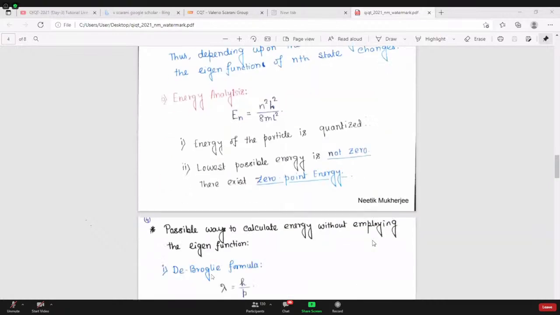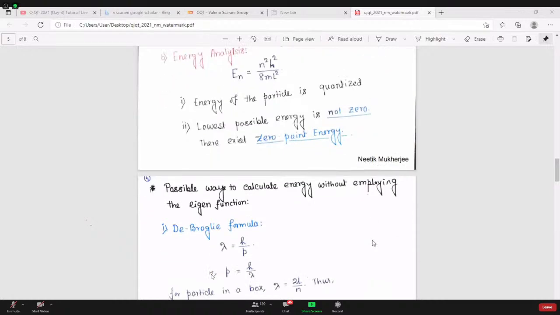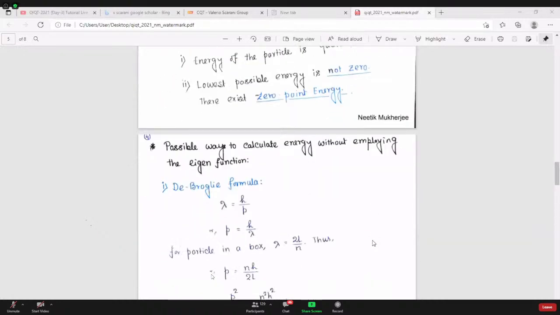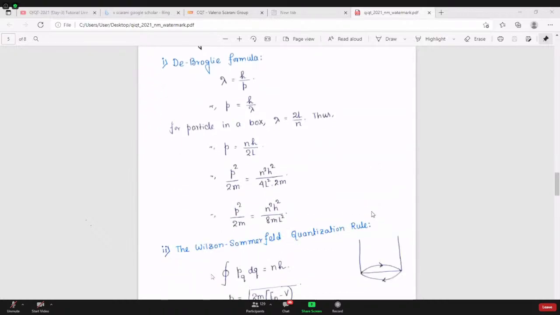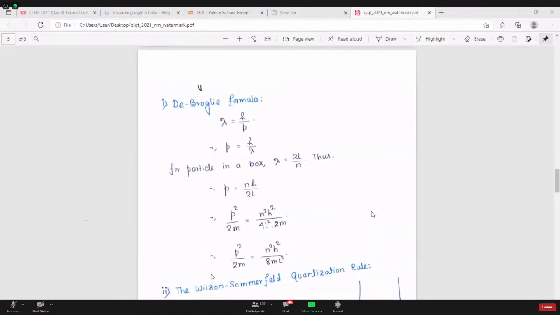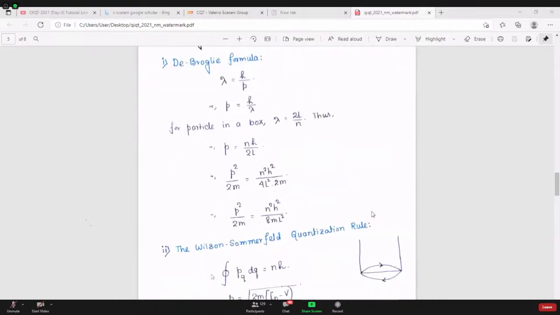So now I am answering you that there are certain ways where you can calculate the energy without employing the wave function and eigenfunction. The first formula is the de Broglie formula. You all are familiar with this formula? Yes, sir. Wavelength is equal to h by p, where h is the Planck constant and p is your momentum.